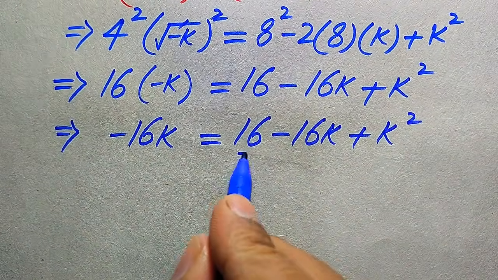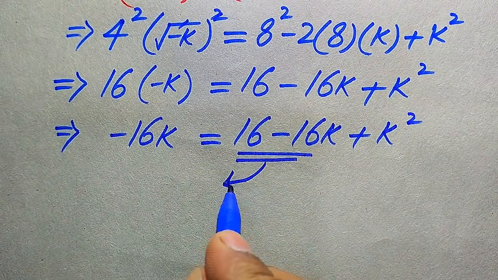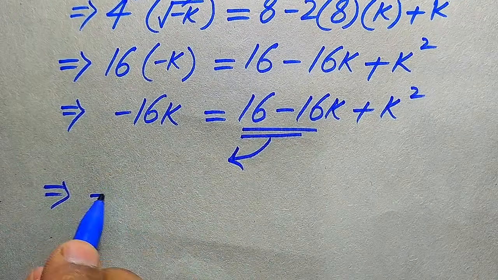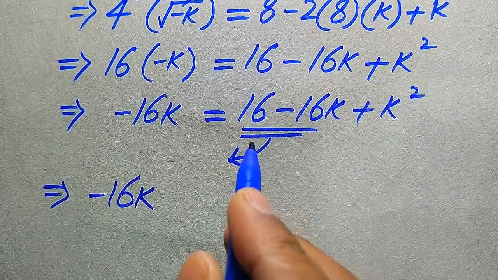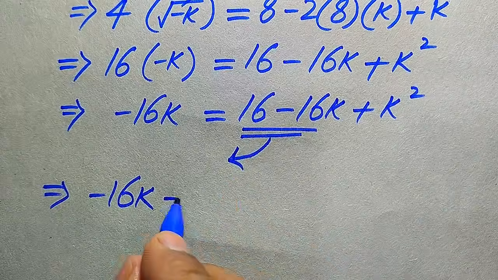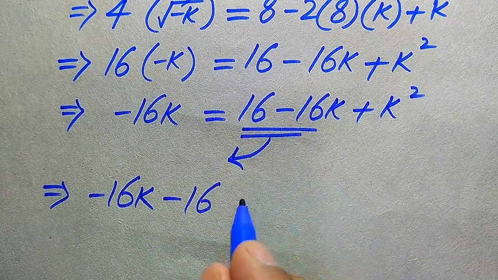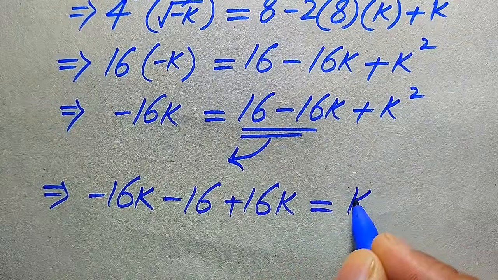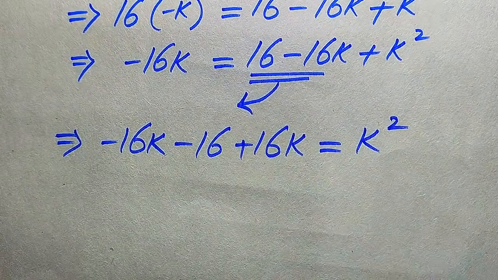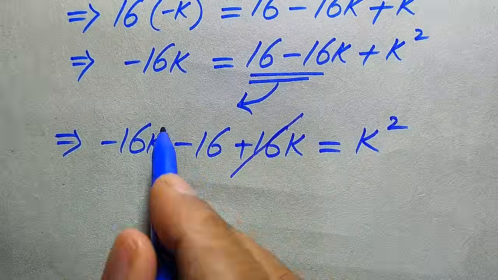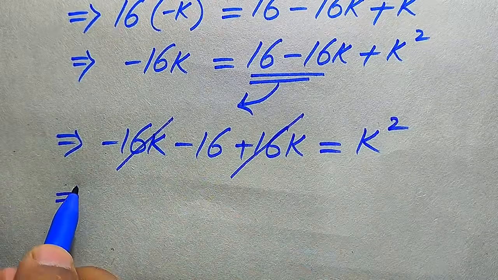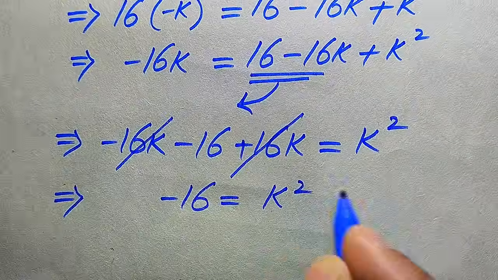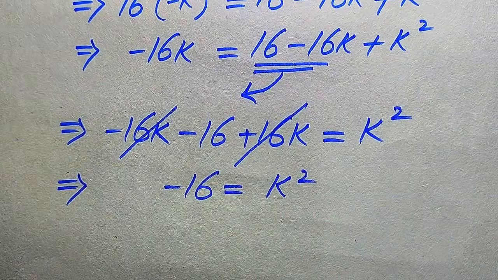So here we need to move both of these two terms from right hand side to the left hand side, and it will become, this is minus 16k, this is positive 16 becomes negative 16, this is negative 16k becomes positive 16k is equal to k square. And you see here, this is positive 16, this is negative 16 are cancelled out by each other, and we obtain minus 16 is equal to k square.